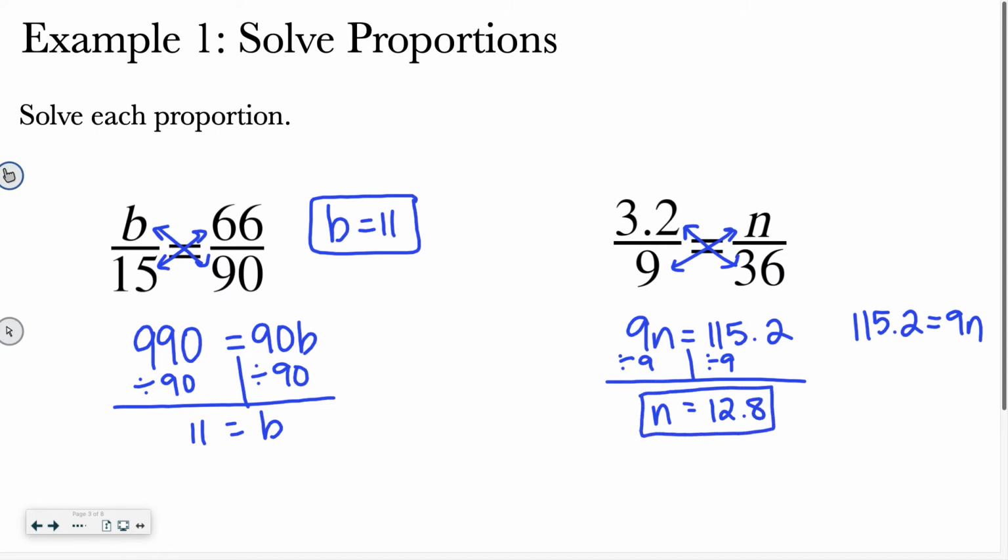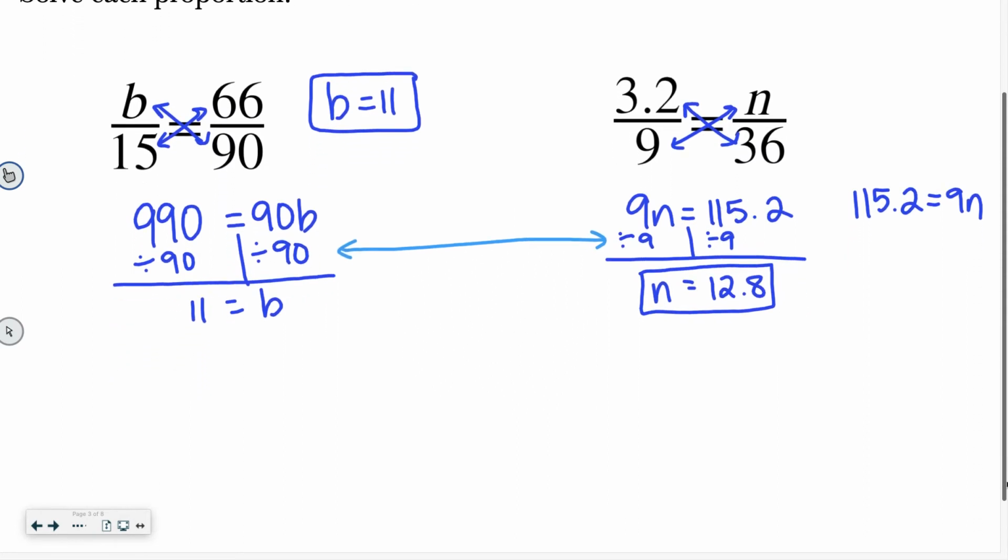Okay, so you maybe noticed a trend already. You cross multiply and then look at our second step each time. We end up dividing by whatever number is diagonal from our variable. So you can do something that's pretty often called cross multiply and divide. So if we look at that, 3.2 over 9 equals n over 36.